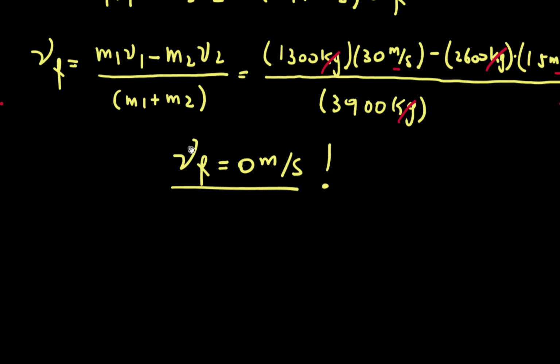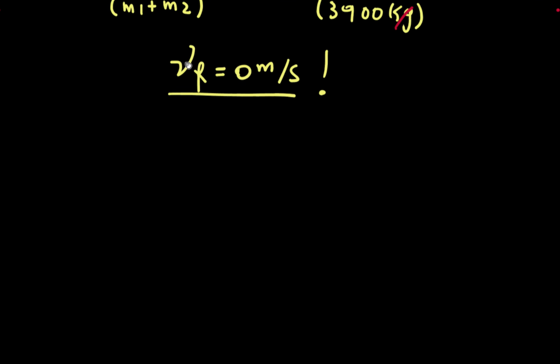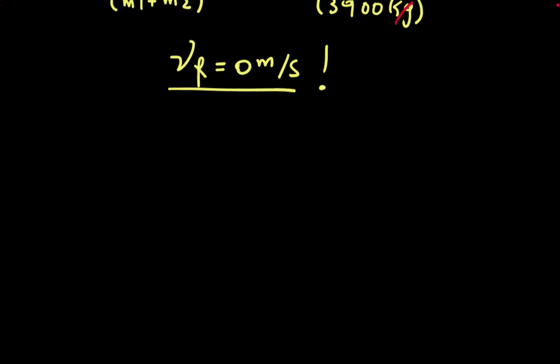Well, we know what kinetic energy looks like, so we can actually go ahead and carry out the calculation. So let's go ahead and do it. Kinetic energy of object 1 initial is 1/2 mass 1 velocity of object 1 initial squared.